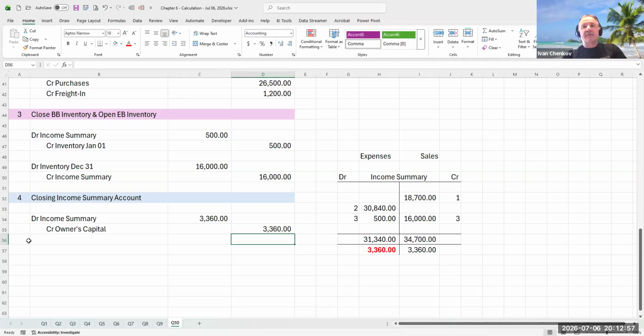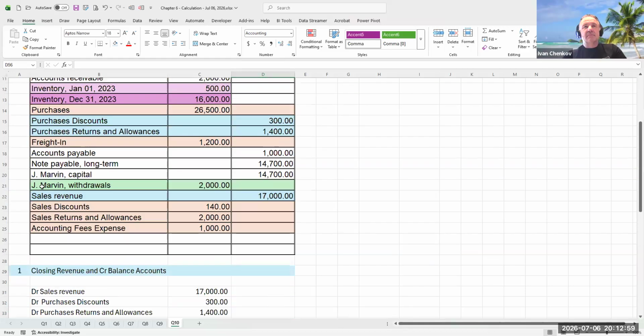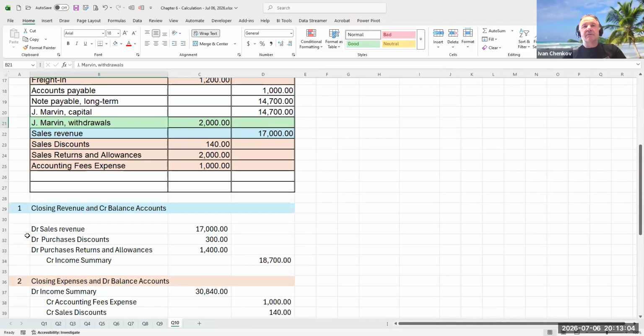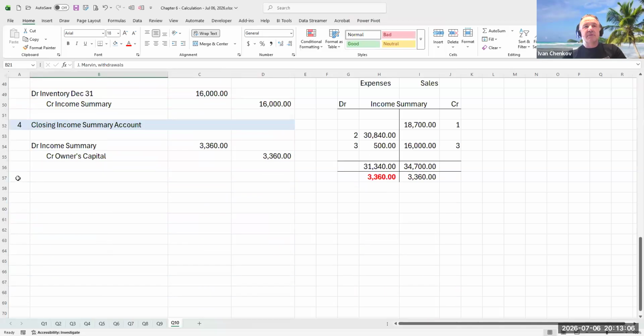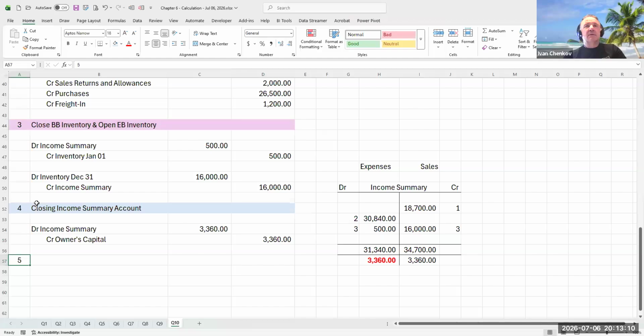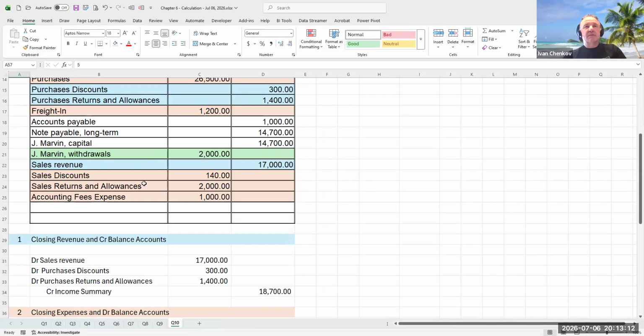What's the last account that is left? We have one account left, withdrawals. Let's close the withdrawals, number 5. I'm gonna leave it in the same color now. Not gonna change any colors.